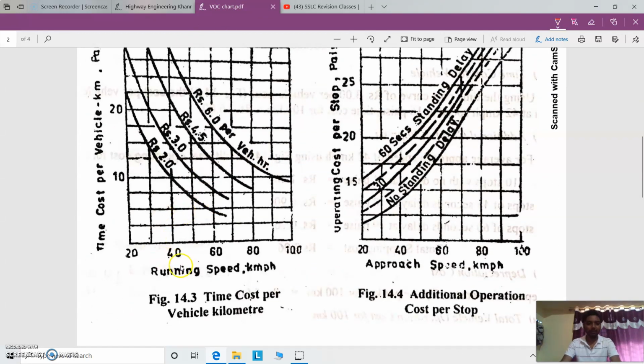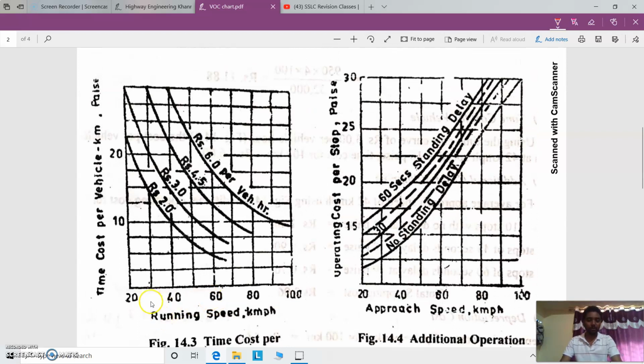Here in the 14.3 chart, time cost per vehicle is given against speed in kilometers. We have considered the speed of 42 kilometers per hour for 3 rupees per vehicle hour, as given in the question. That is erected to the 3 rupees curve here, and the value is measured directly from the y-axis.